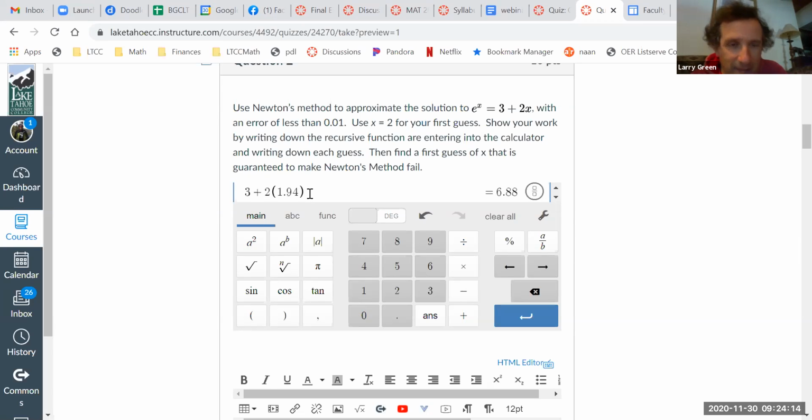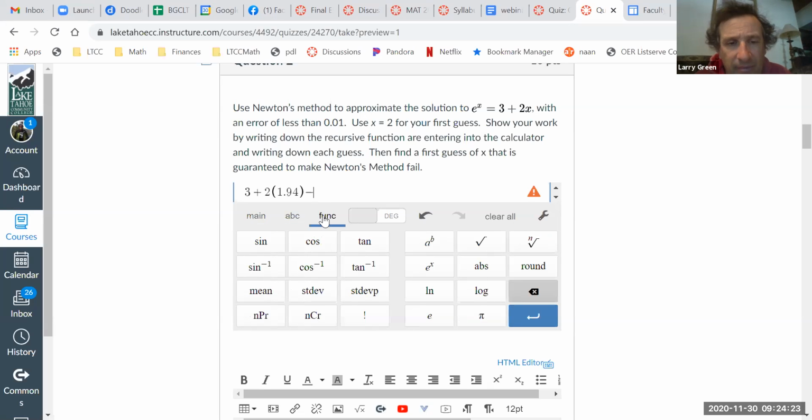You don't have to type the numbers, you can just type them in the computer. And then minus e to the 1.94. And you get negative 0.08. So we're getting there. Again, we need it to be 0 to 2 decimal places.